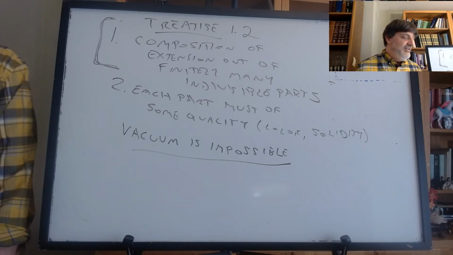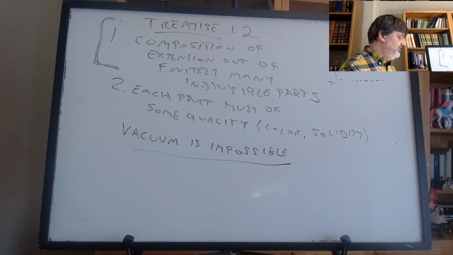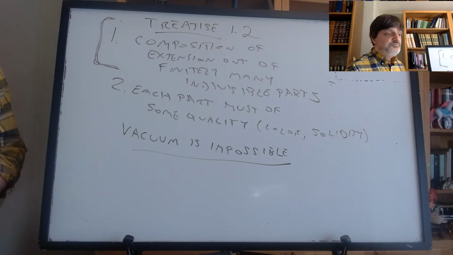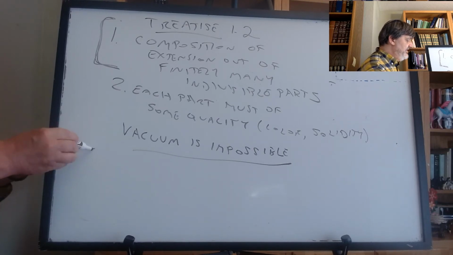Now, as you may recall from Locke, Locke argues the other point of view and says that number one, a vacuum is certainly conceivable, and then moreover, he claims to prove there must be a vacuum because he says if there were no vacuum anywhere, there couldn't be motion. Because a body can't move into a space where there's already another body.